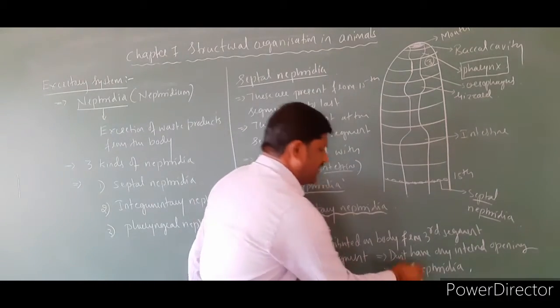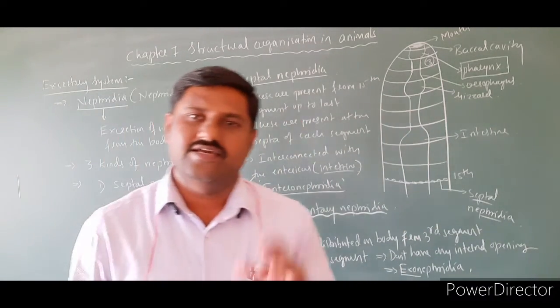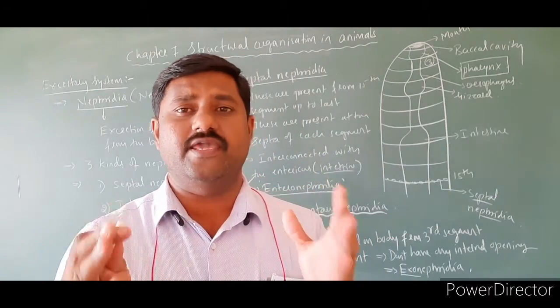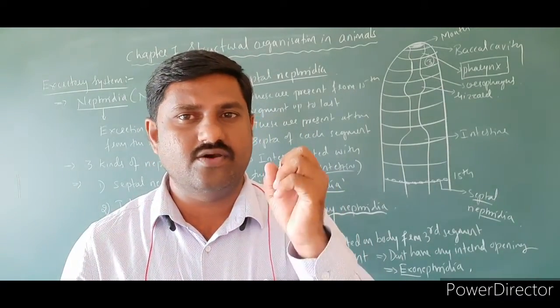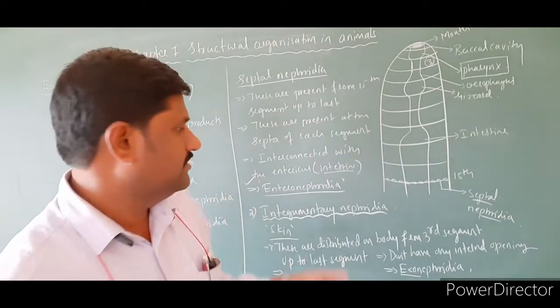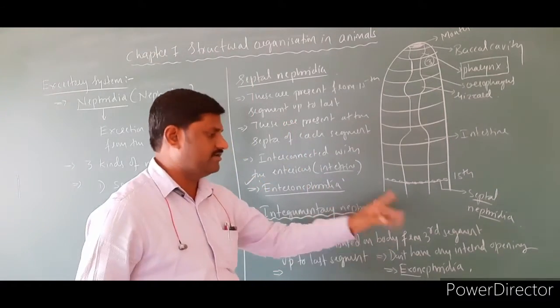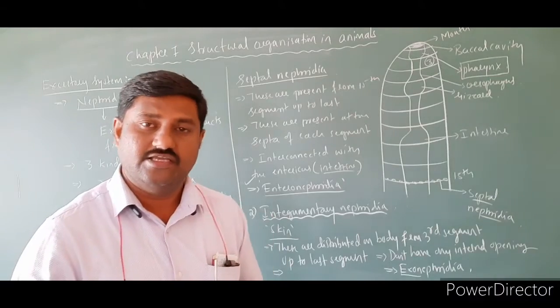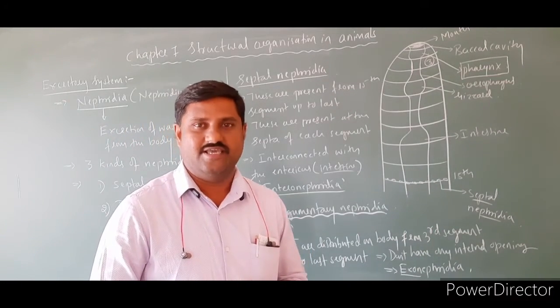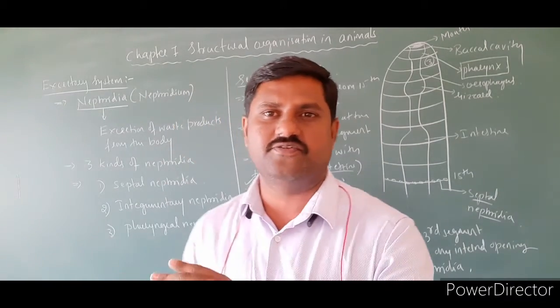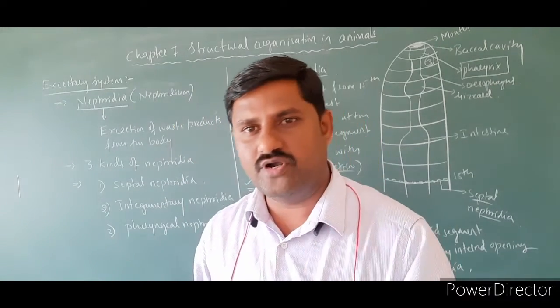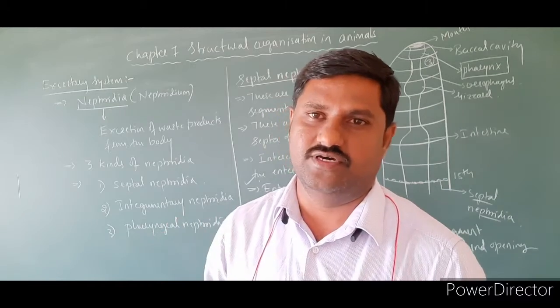Exo stands for outside, right? So they are not interlinked, there is no internal opening at all in these nephridia, hence they are called exonephric. And these nephridia also help in the excretion of the waste products from the body of this earthworm, right?